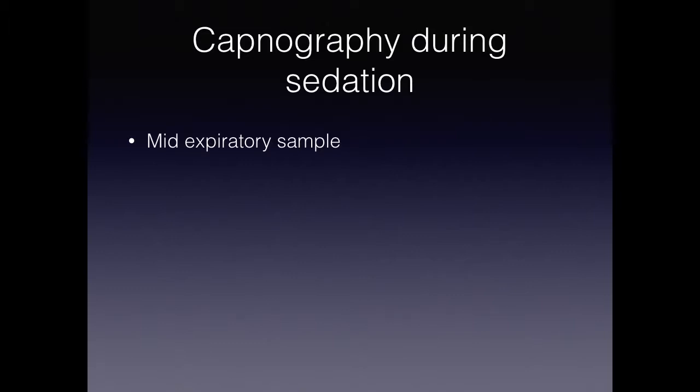Is that 1 out of 1,000 or 1 out of 10? I'd probably go with, and it depends upon how you want to define a complication. If you want to say, whenever the saturation drops below 90%, we're going to label that a complication.